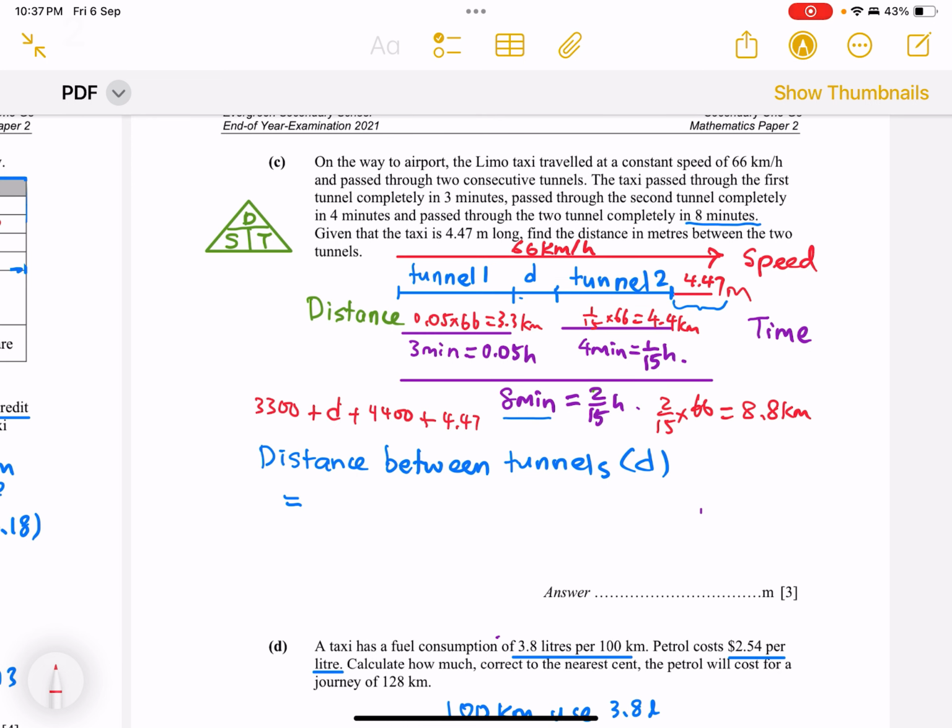So the distance between the tunnels will be the total distance, which is 8800, minus the first tunnel, minus the second tunnel, and minus the length of the car. That gives you the distance, which is 1095.53 meters. They say find the distance in meters.